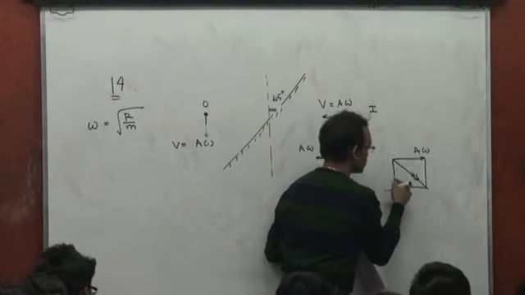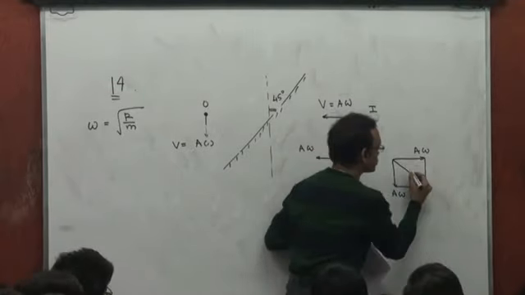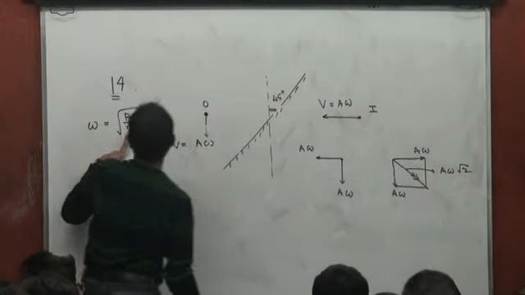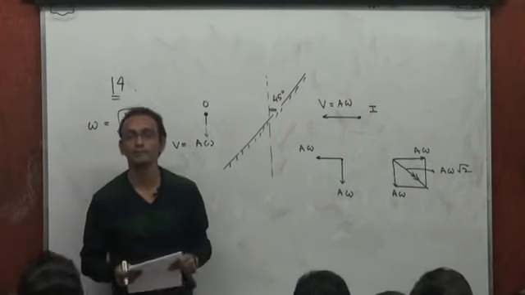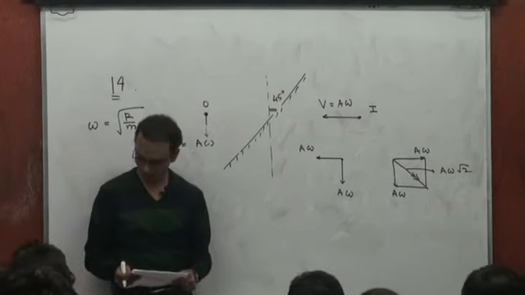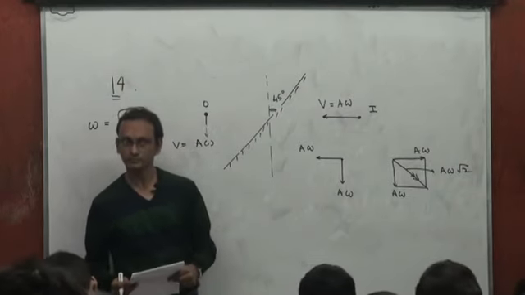So this is going to be a omega root 2, where omega is root k by m. Got me?